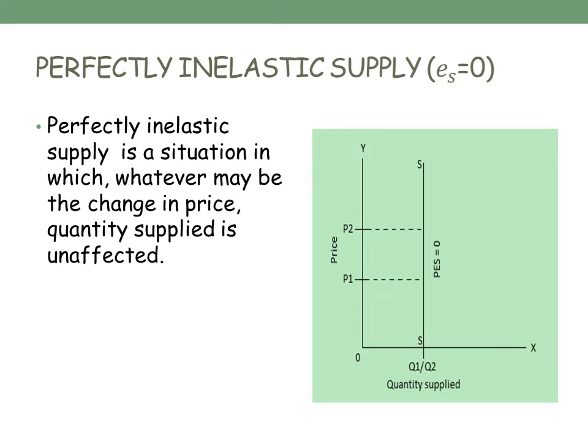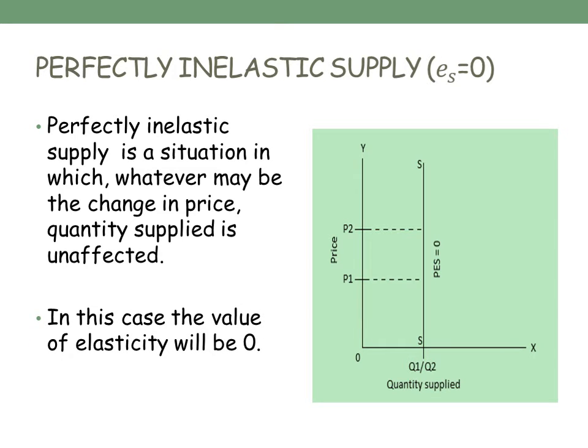P1 becomes P2, but there is no change in the quantity supplied. It remains the same. So that type of elasticity is called a perfectly inelastic supply, where the value of elasticity will be 0. Whatever may be the change in price, the quantity supplied is unaffected here.